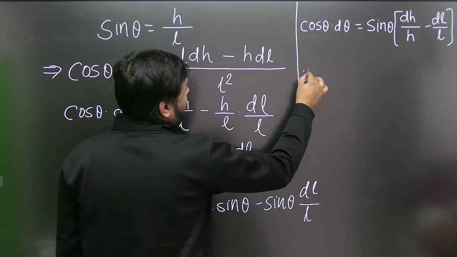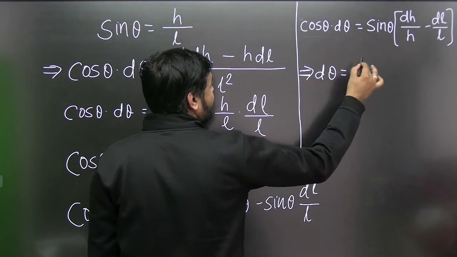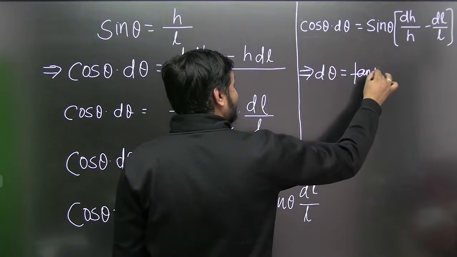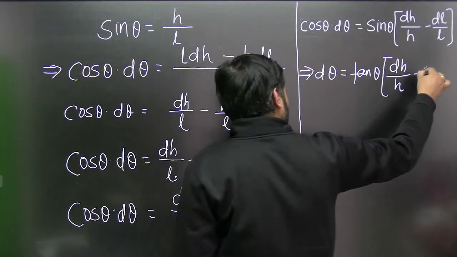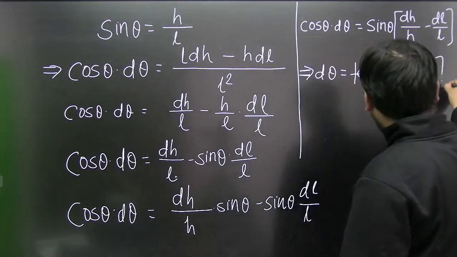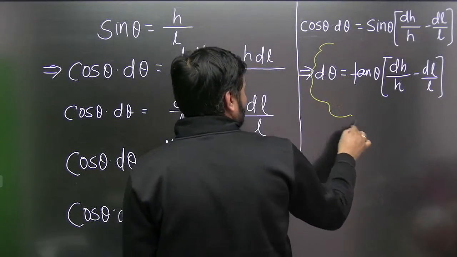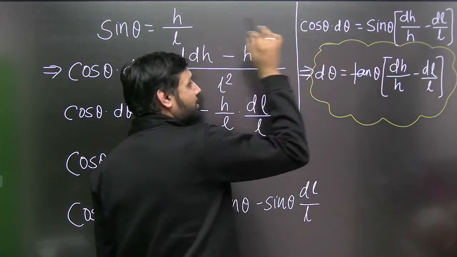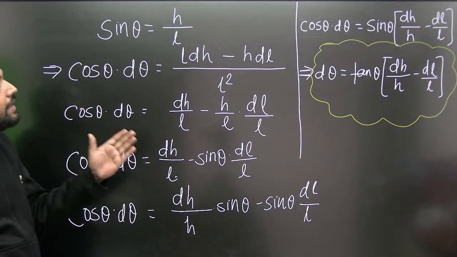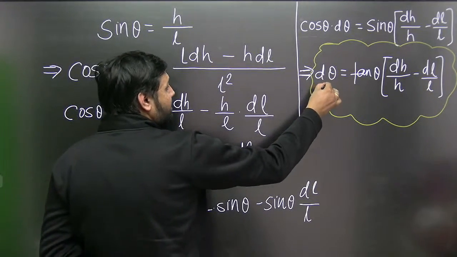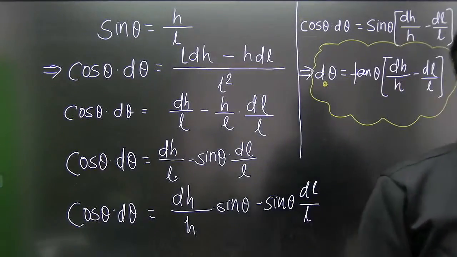And if you want to write d theta now, you can easily write it is equal to tan theta times (dH upon h minus dL upon L). What exactly is this d theta over here? d theta is the error in angular measurement. This d theta, my dear, over here is the error in angular measurement.